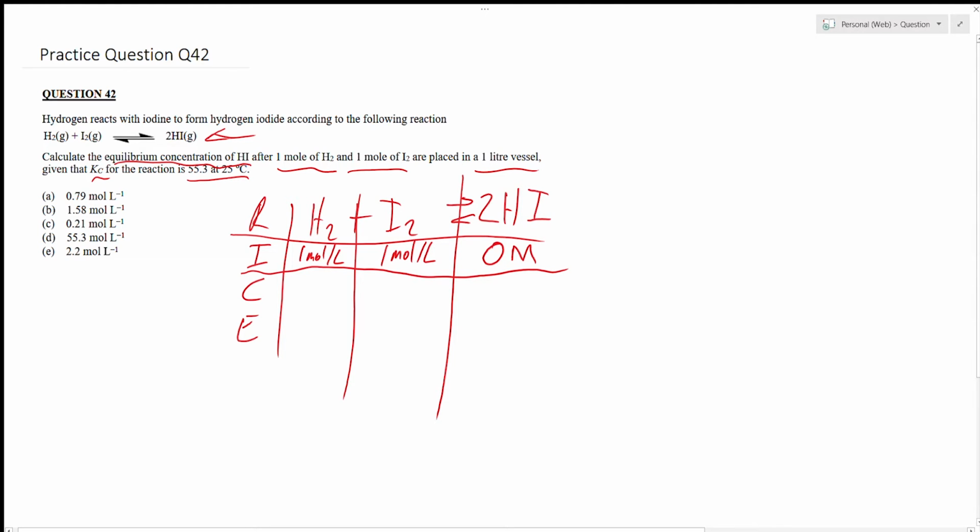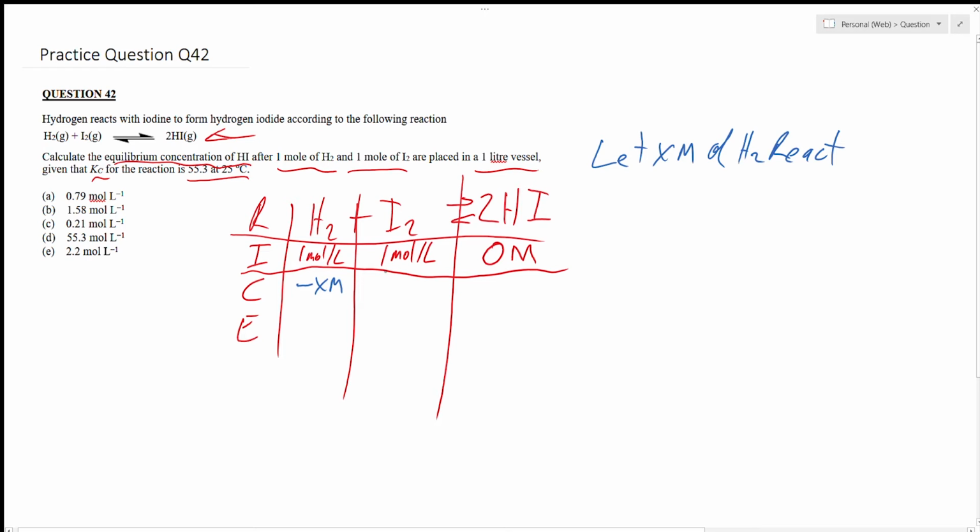So now we need to put something in our change column. So we can use a trick of mathematics and say let X moles per litre of hydrogen react. Okay, and therefore if X moles is going to react, that means the change in concentration is going to be minus X molar because we're consuming, because it's a reactant.